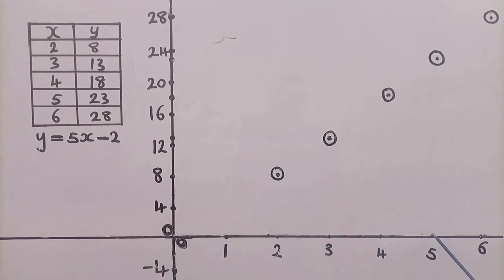This 5 corresponds to 23. And this 6 corresponds to 28. These are the partial points of intersection among these pairs of values. The next thing is for us to run a line of best fit as before. Let us see how we go about it.